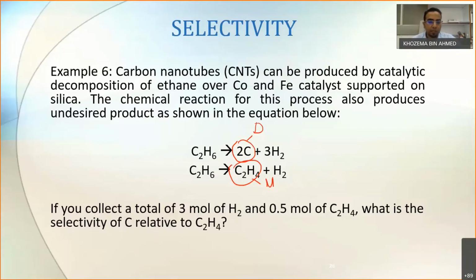The question says that if you collect a total of 3 mole of hydrogen and 0.5 mole of C2H4, what is the selectivity of carbon nanotube to C2H4? You want to find C over C2H4, whether C is produced more or C2H4 is produced more.